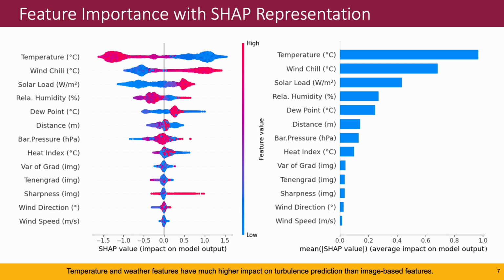So basically, the distance of the scene from the camera is considered important when we estimate Cn². Besides, the variance of gradient, tenengrad, and sharpness are also considered important. Now on the left side, you can see that when the temperature is negative, we see more Cn². However, for wind chill and solar loading, usually a positive value tends to come with higher Cn².